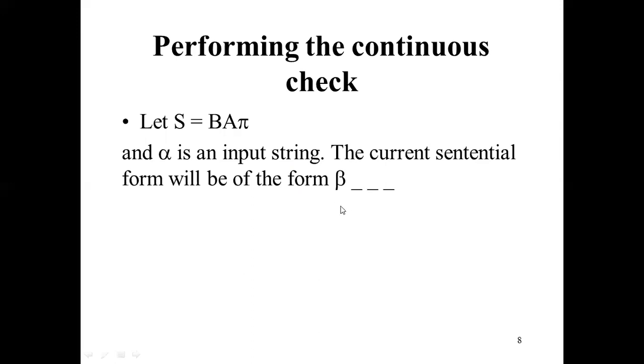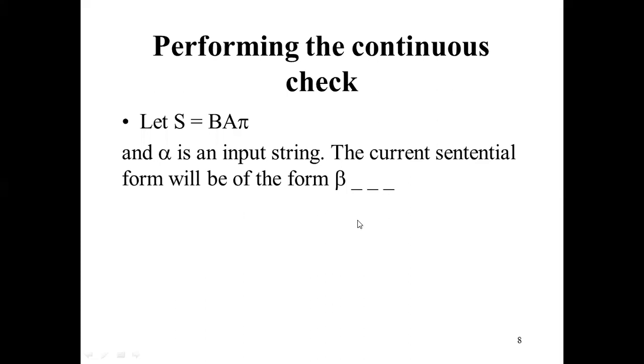So first we have to choose this, it means beta, this character. Now, from where will we get this beta? We will get it from the given particular grammar. Suppose we have the grammar, then we can choose this option of beta.